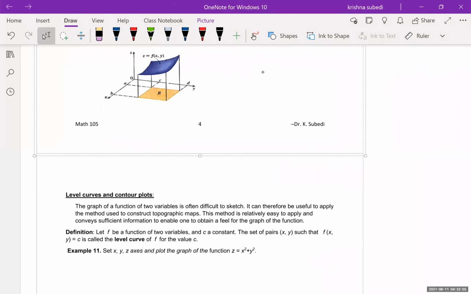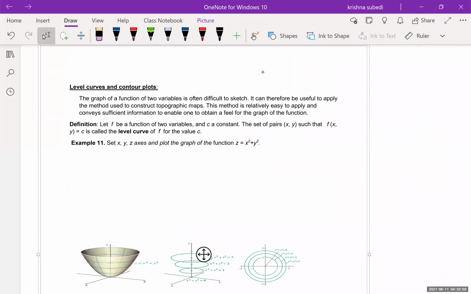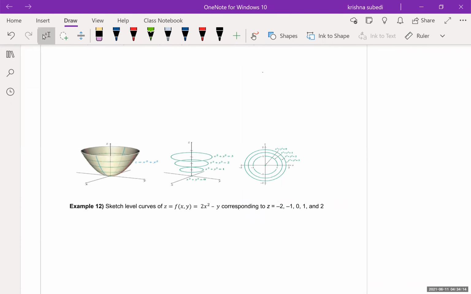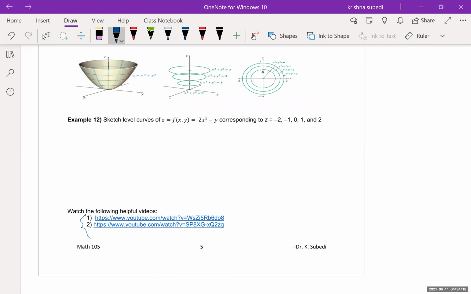Now there is another important concept called level curves and contour plots. What I would like you to do is, I have provided you in my lecture note these two videos, and I want you to watch these videos by yourself, just for your knowledge.